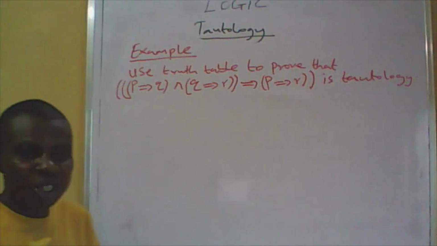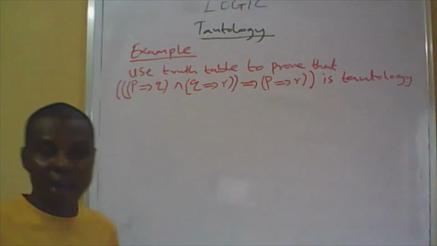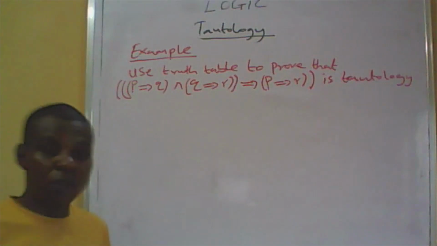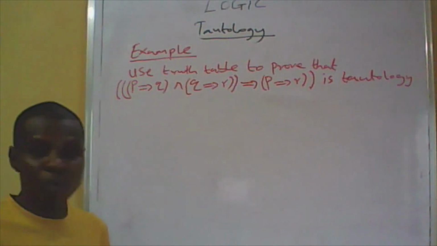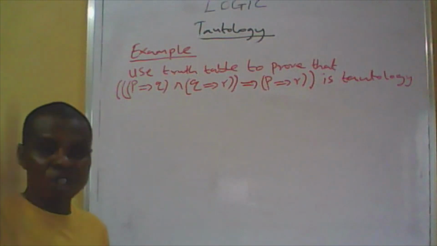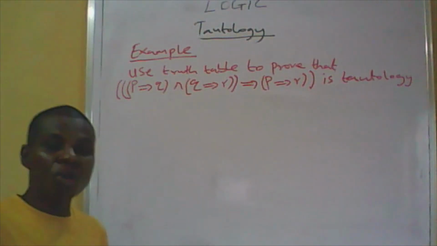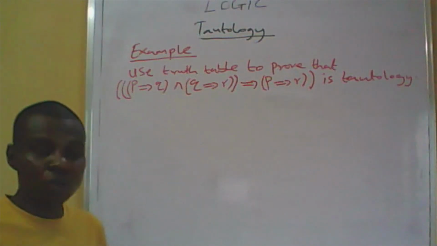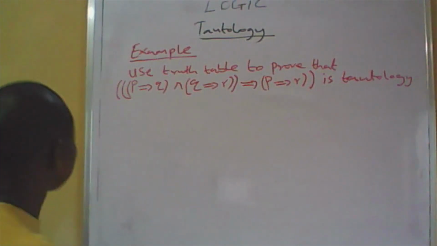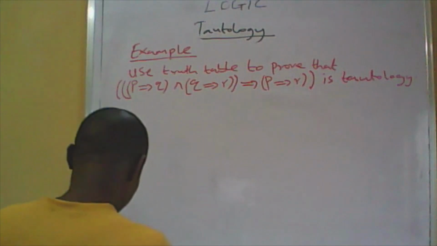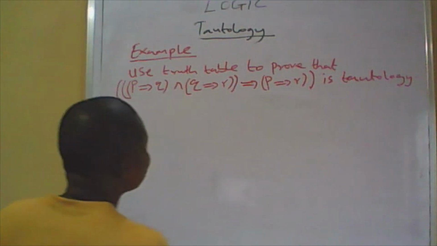Now let us prove it. If all the whole truth valuations indicate that the truth value is true, for each possible combination of simple statements, that proves that all the whole truth values are true. You know that it is a tautology. Now we write the statement form.